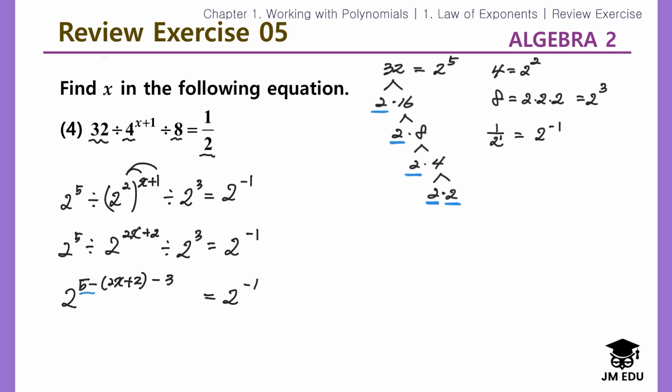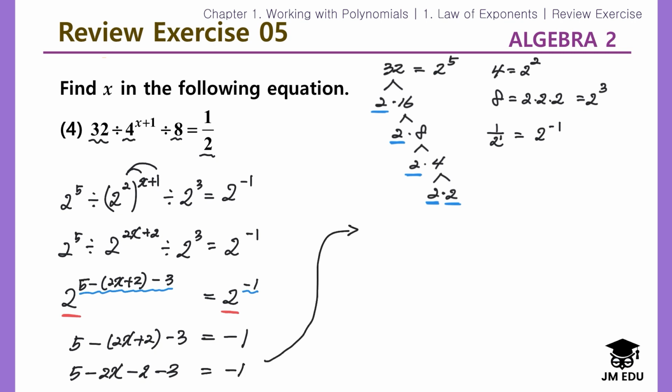So all of this expression must be equal to -1 because they all have a base 2, right? So let's write 5 minus 2x plus 2 minus 3 is equal to -1. 5 minus 2x minus 2 minus 3 is equal to -1.